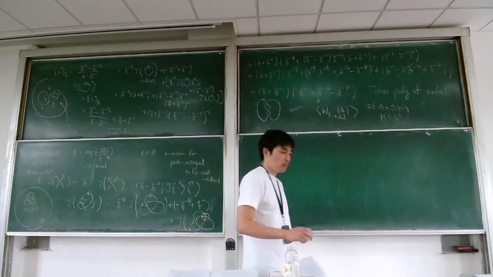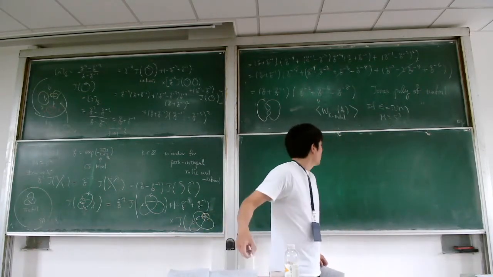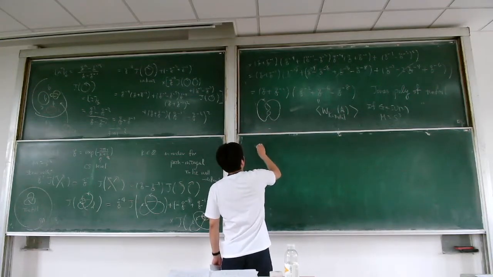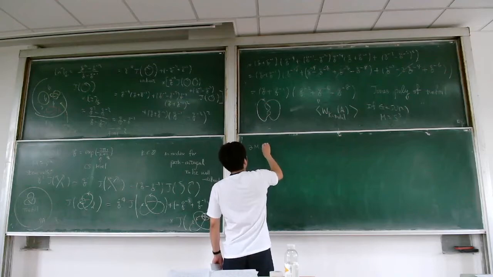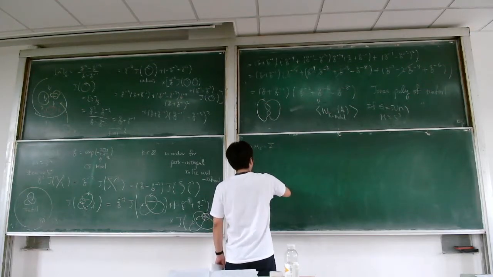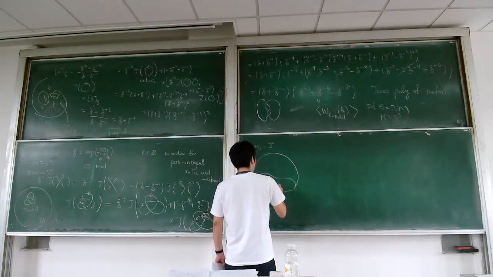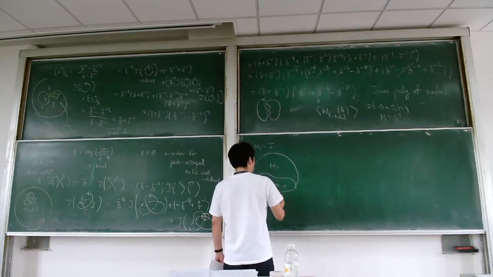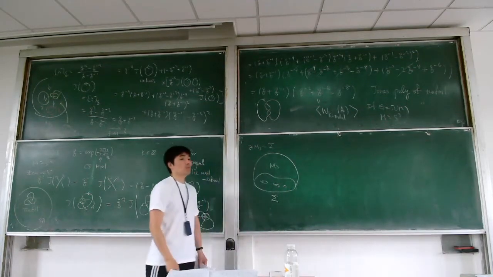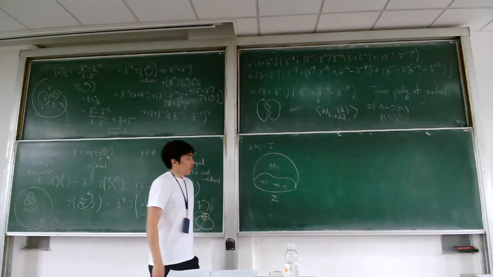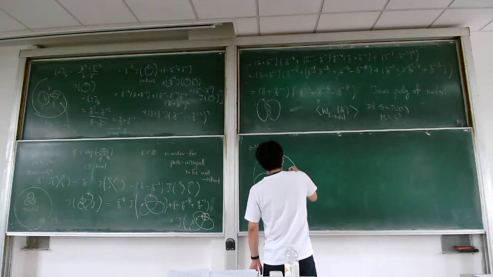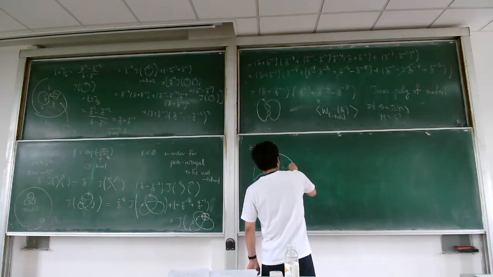So then, if you consider that M3 has a boundary. So then, it's called bulk. So this one is explicitly often called bulk and a boundary.